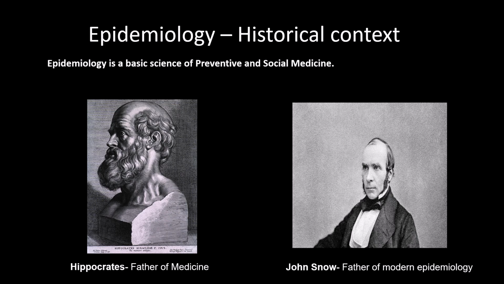He identified that cholera is caused by contaminated water, before the discovery of the causing agent, Vibrio cholerae. So this is the evidence in the 19th century which put the foundation for epidemiology. So he is the father of modern epidemiology.